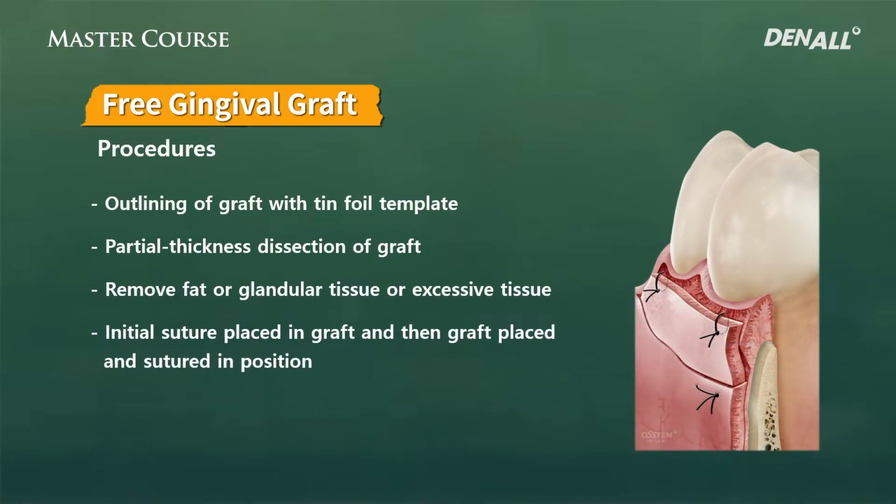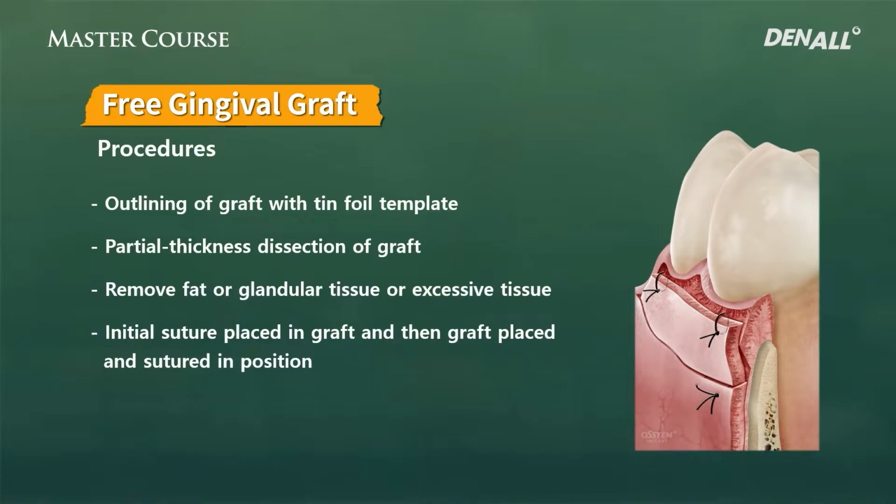After that, the graft is placed in the recipient site using interrupted sutures generally. If you look at the figure, there are very important positions of the suturing. Do you know where?